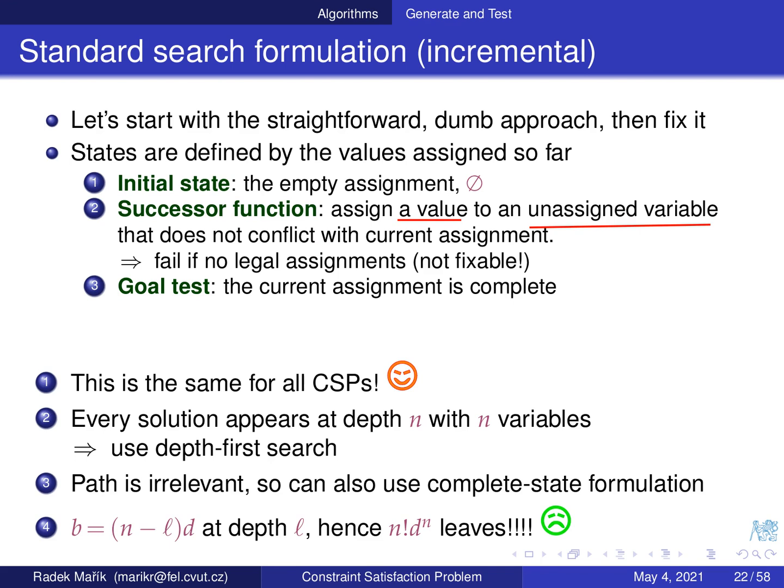That means the constraints are satisfied, and you loop through this successor function, assigning other values. If there are no legal assignments, you fail and continue in another way. If the current assignment is complete, then you got the solution. The nice thing is that this procedure is the same for all CSPs.